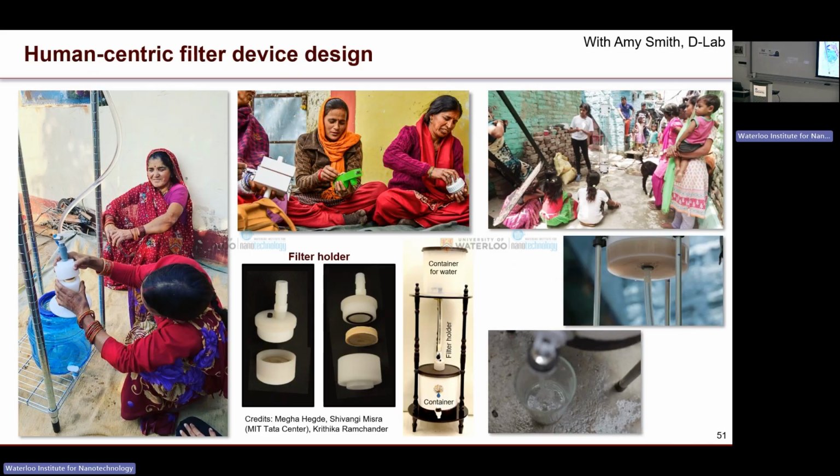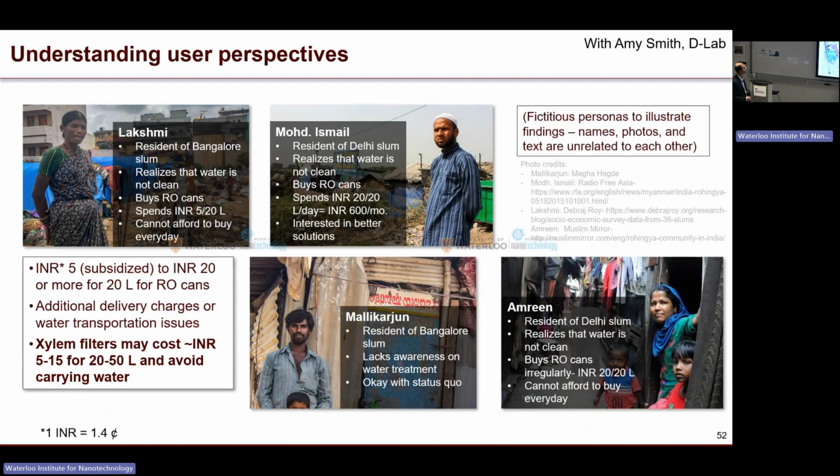And we have done a lot of user-based studies, some different designs. This is my student, Kritika, who led this project as her PhD. And she designed this and interacted a lot with people to learn about what their preferences were, what their concerns were, and so on. And we found a lot of broad spectrum, ranging from people who are blissfully unaware to those who actively sought better solutions.